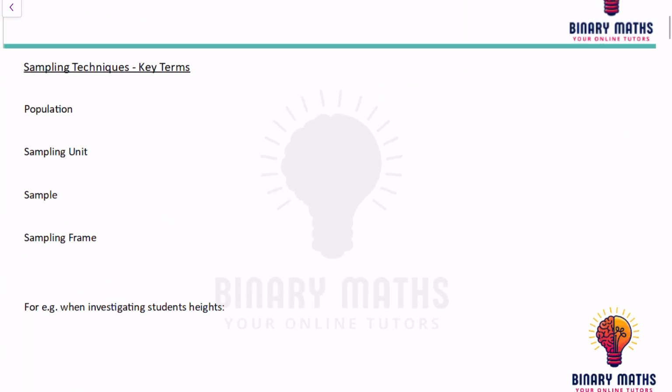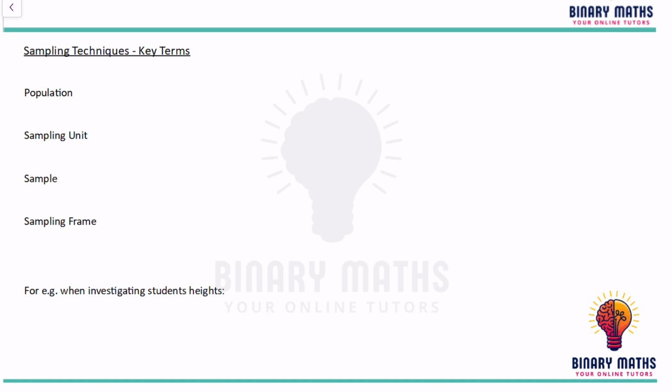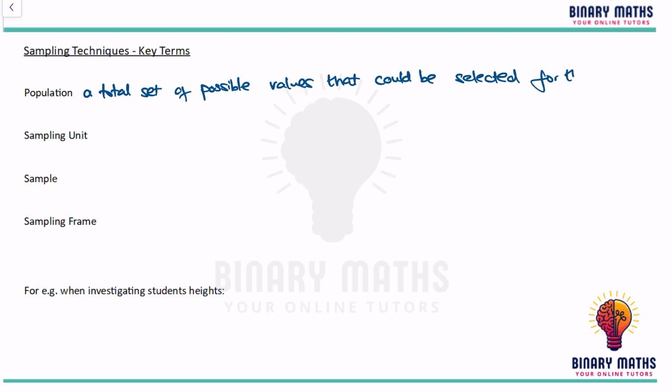The first thing I want to go through is some definitions that you need to know for the sampling techniques. First thing is, population is a total set of possible values that can be selected for the sample. A sampling unit is a single member of the population.